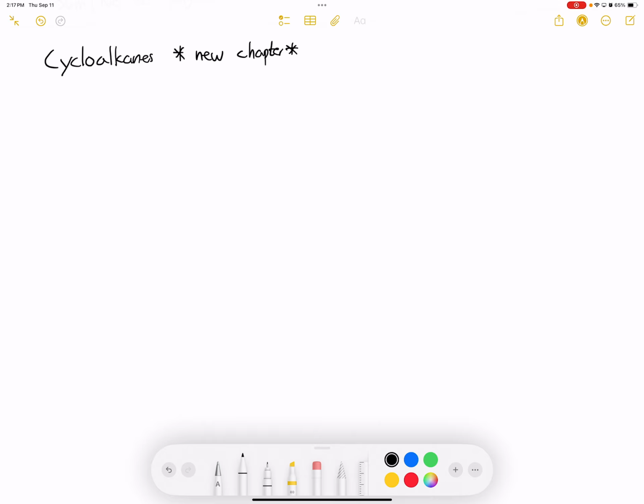Once we conquer the next two chapters, we will know how to draw organic structures pretty well. So, cycloalkanes. I think we talked about it a little bit, but let's just recap nomenclature.